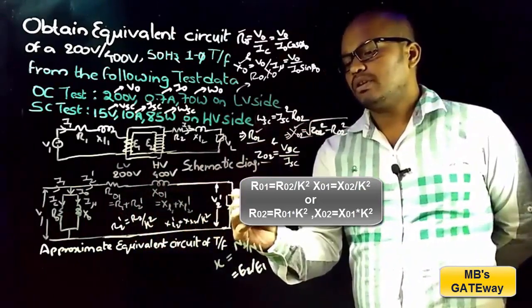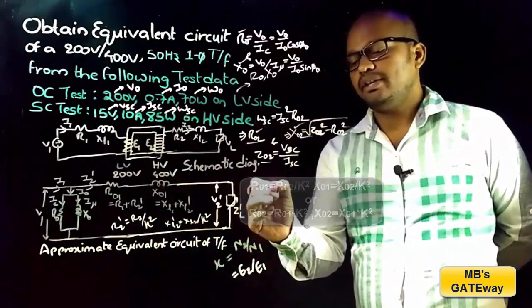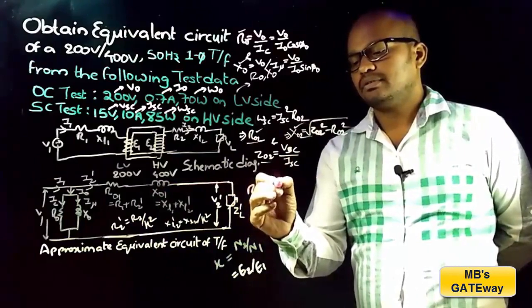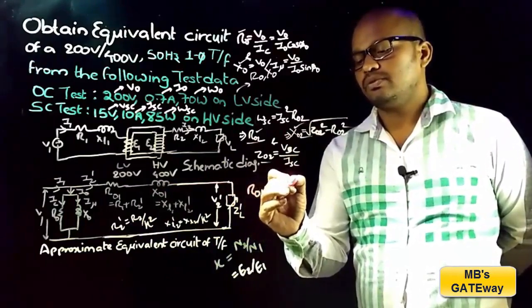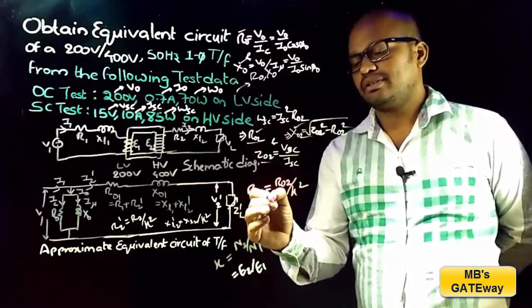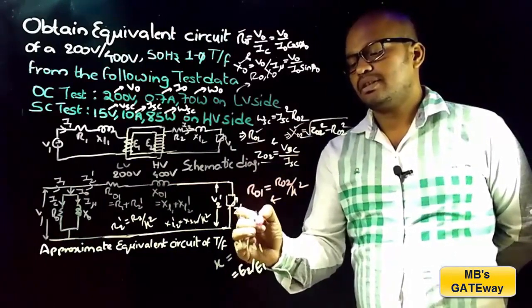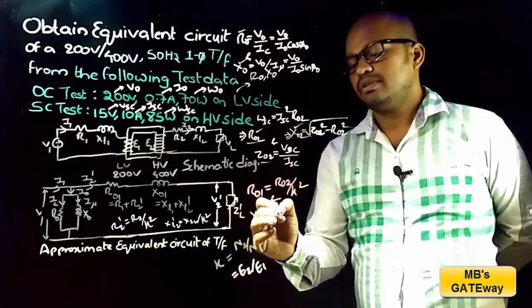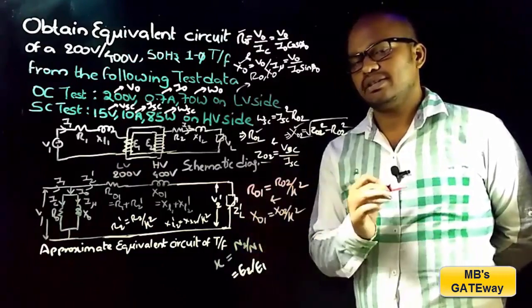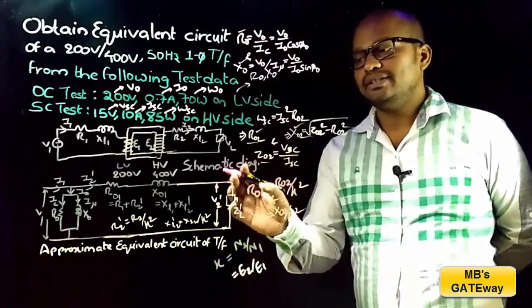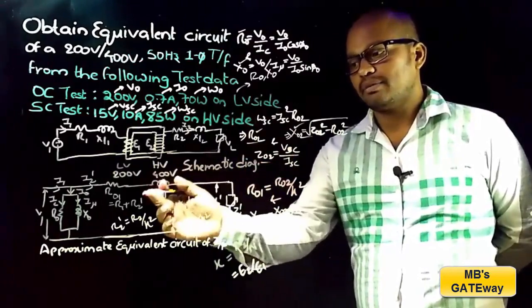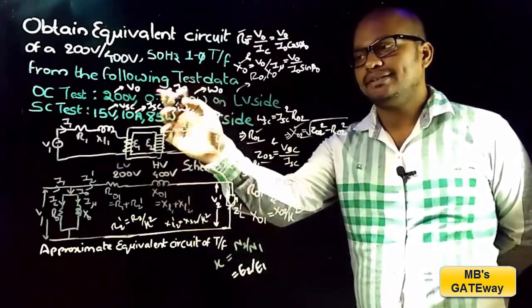And now R01 can be found out by R02 by K square, and similarly X01 is equal to X02 by K square. This is how we must find the electrical equivalent circuit parameters by using the test data.